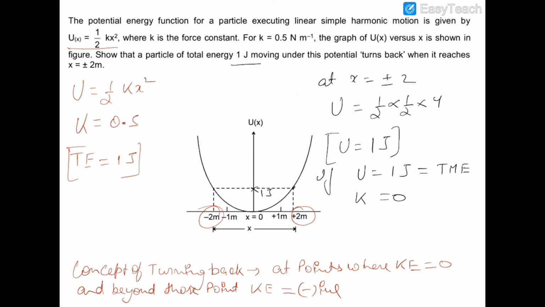So if this particle goes above this point in the graph, then the potential energy will be greater than 1 joule and the kinetic energy will be negative, which is not possible, and obviously potential energy cannot be greater than the total mechanical energy. So this proves that the particle will return back from point A and B in its motion, and it will not cross point A and point B. Now we move on to the next question.